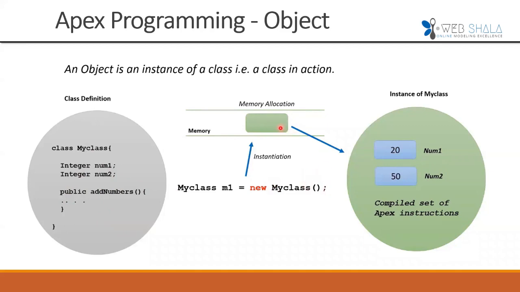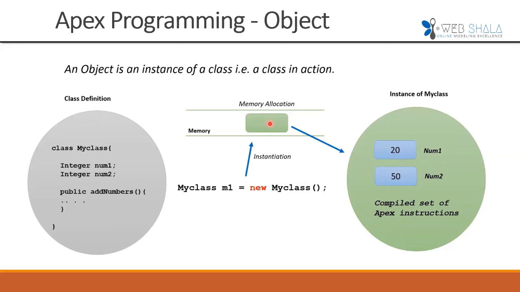Let's say I have given two integer values, 20 and 50. I am adding 20 and 50 and it gives the answer 70. In this memory, I'm doing this. So what exactly happens in the CPU or the computer?